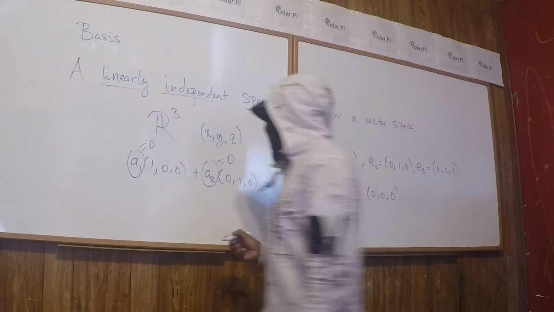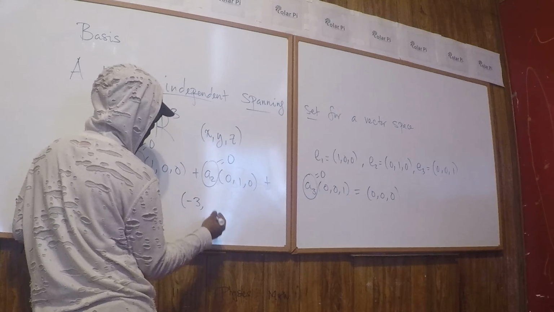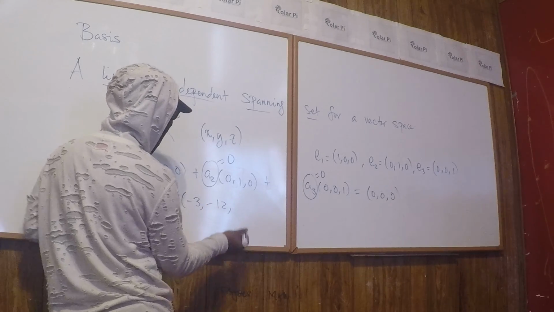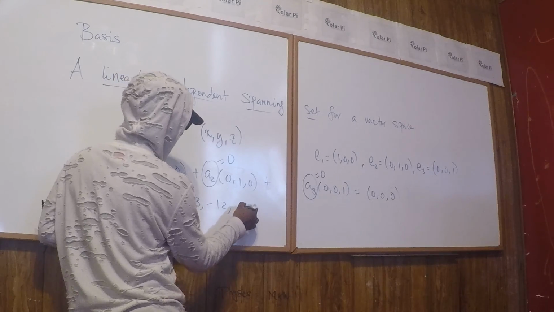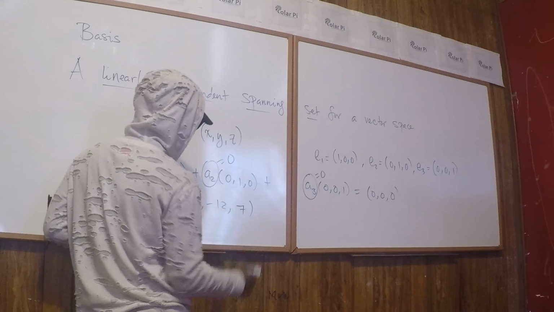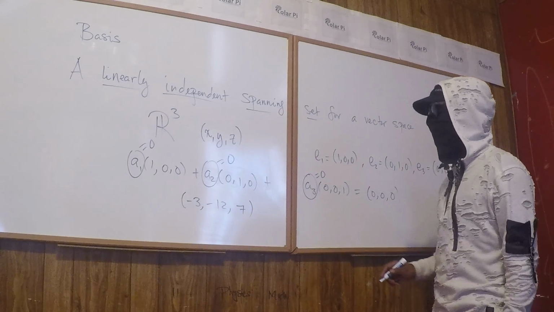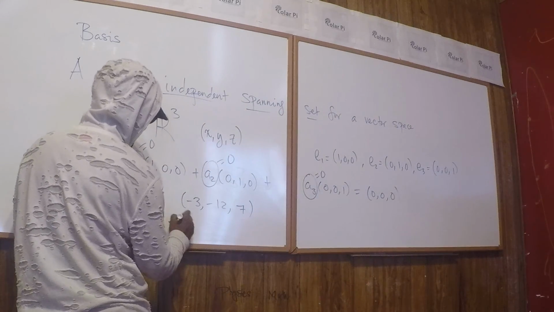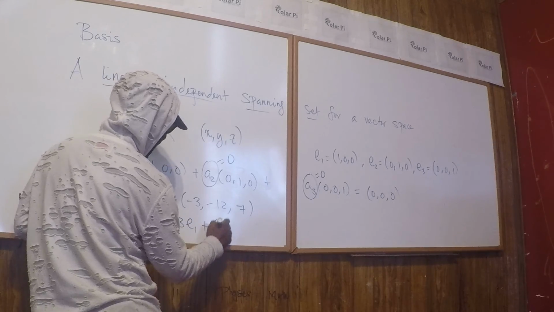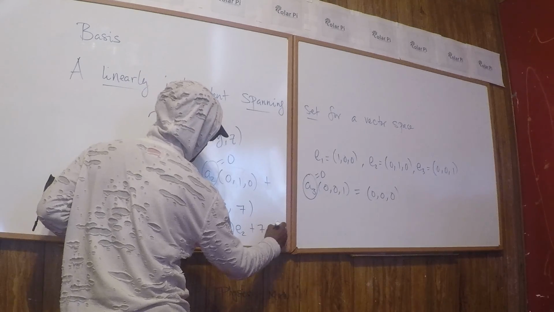For example, if (x, y, z) is (-3, -12, 7), which is almost trivial, then obviously this vector is made of -3 times E1 plus -12 times E2 plus 7 times E3.